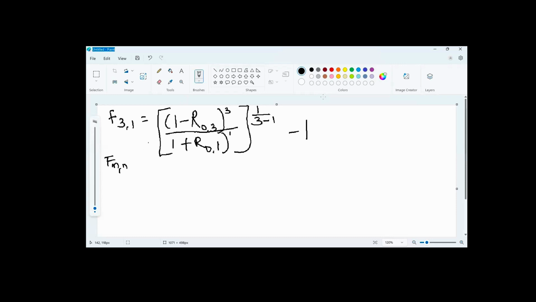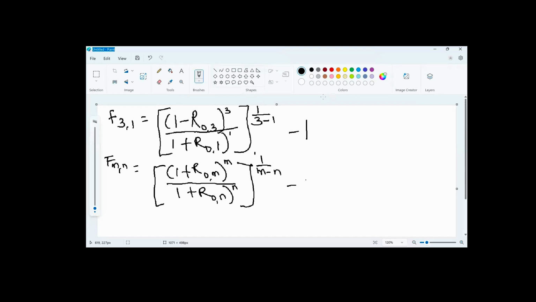Record the formula for this. The formula is 1 plus R O M raised to power M, all over 1 plus R O N raised to power N, 1 over M minus N, everything minus 1. Now look at it, please.